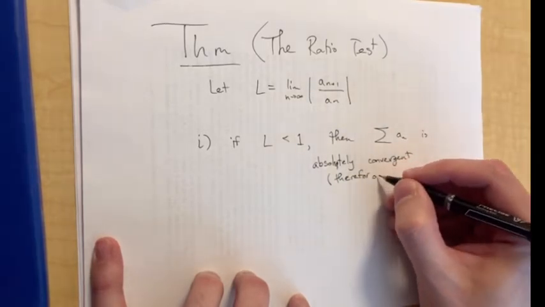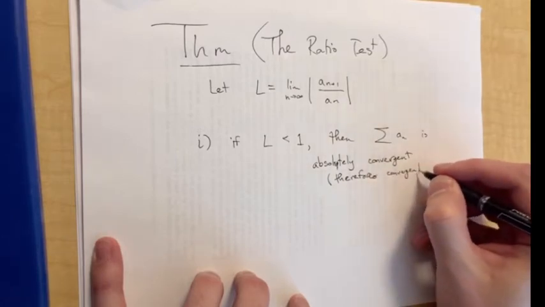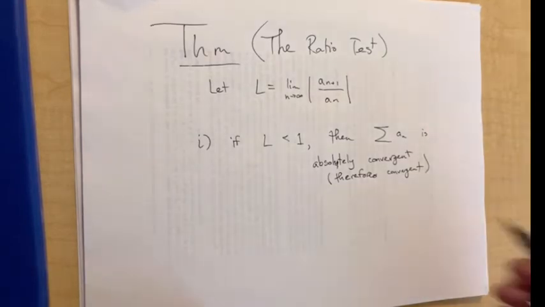If you recall from last time, absolutely convergent means when you take the absolute values of all the terms, it converges. And we talked about the fact that if it's absolutely convergent, then it automatically is convergent in the ordinary sense. So if L, that ratio in the limit, is less than 1, then the series converges.